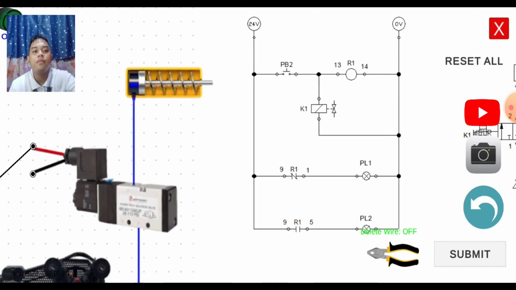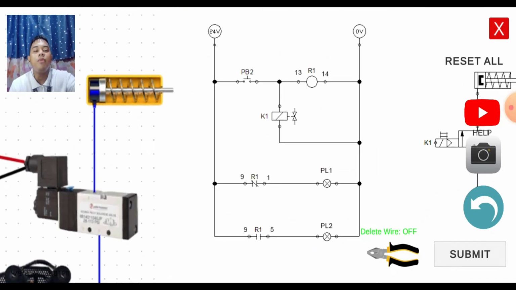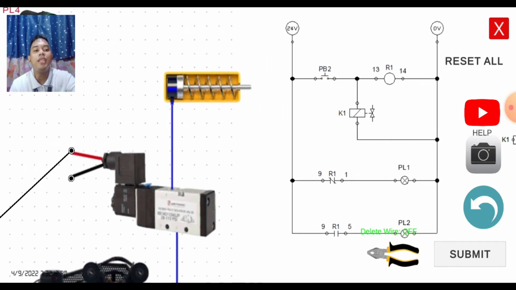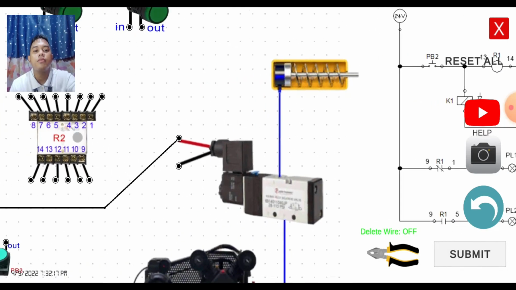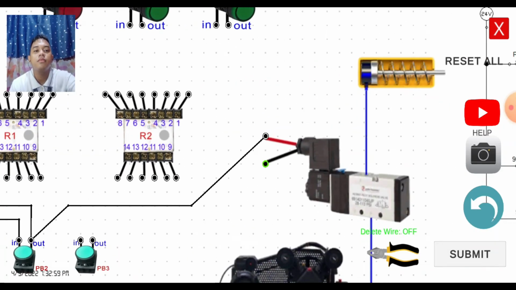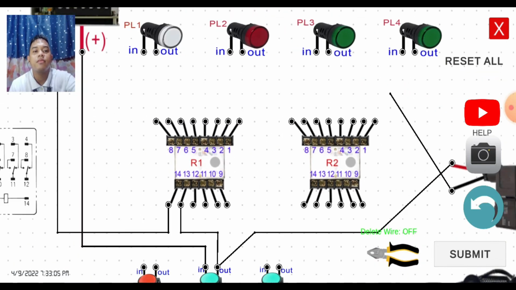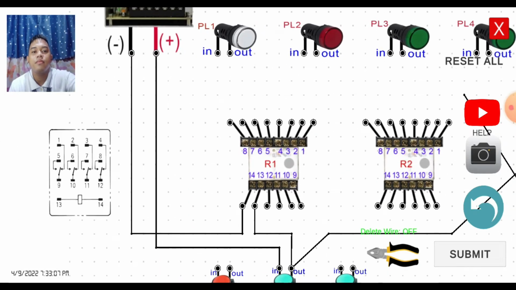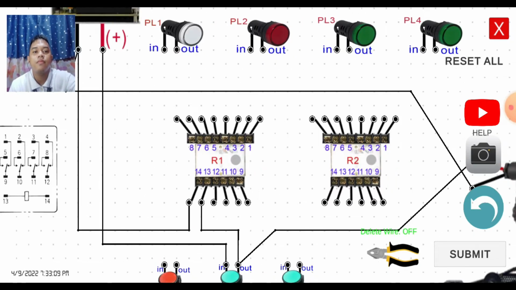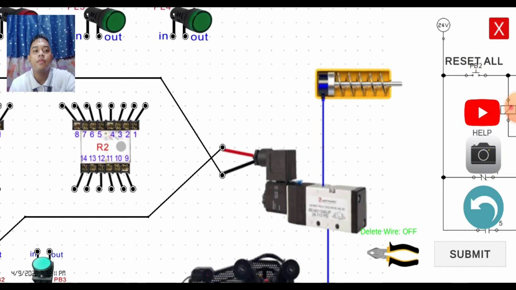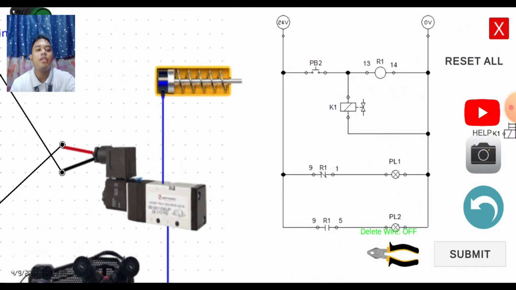Then the negative of K1 can be connected to either 14 of R1 or 0 volts. But to make it easier for us, we can connect it to the 0 volts. So, negative of K1, connect it to the 0 volts. We are done in the second rung.